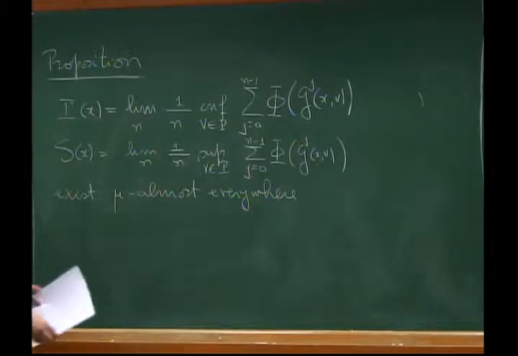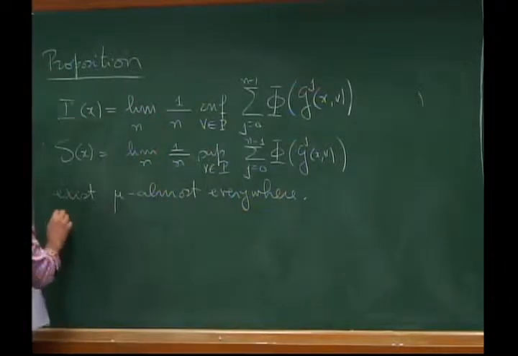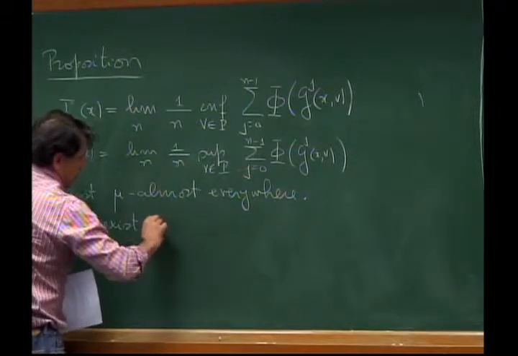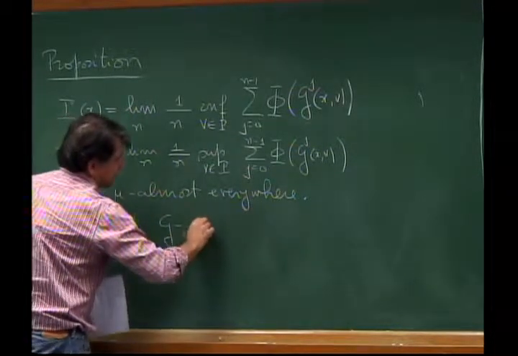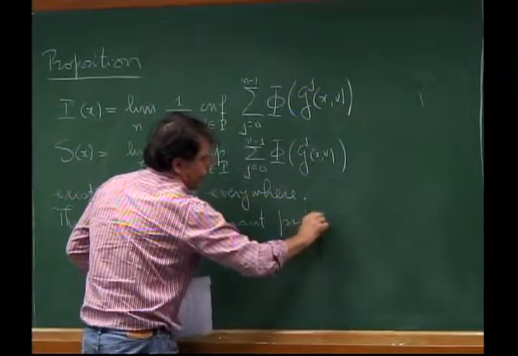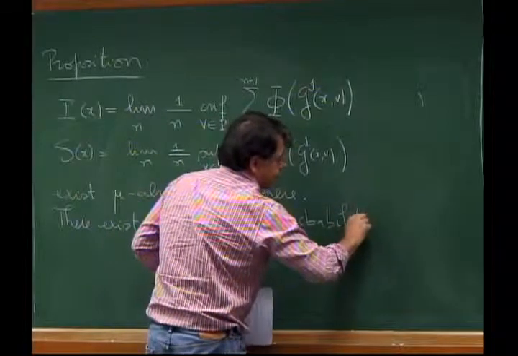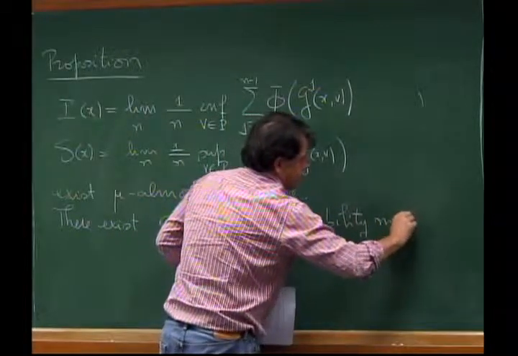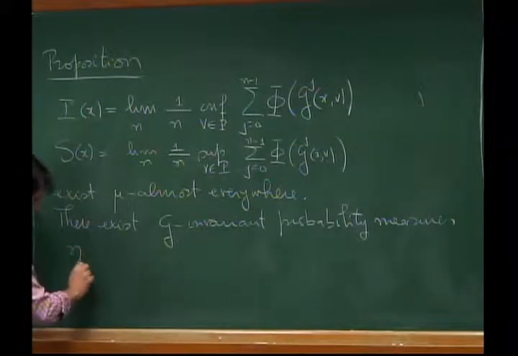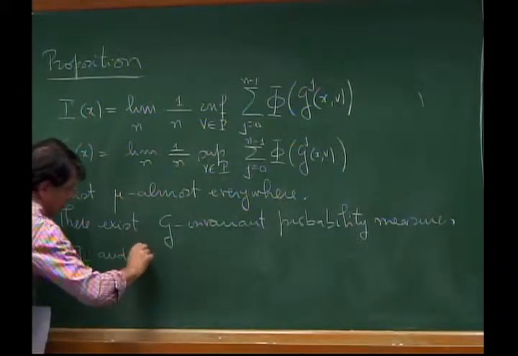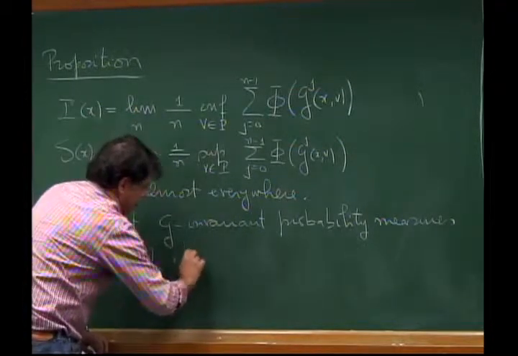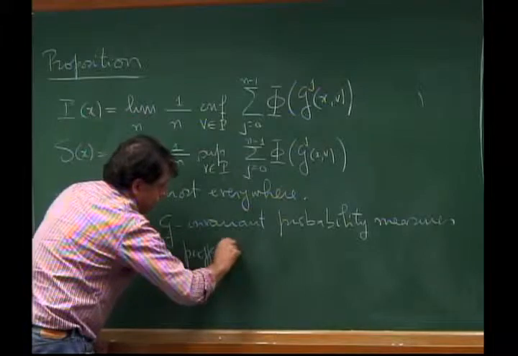And there exist G invariant probability measures eta I and eta S projecting down to mu.